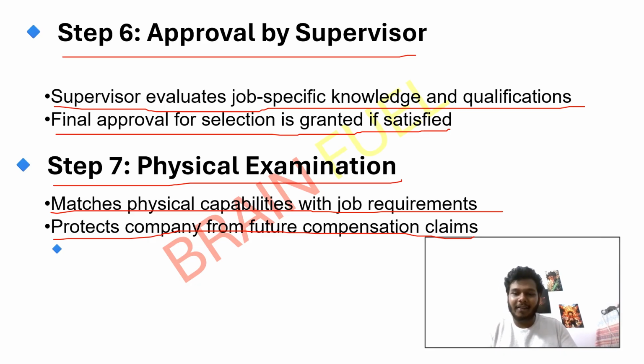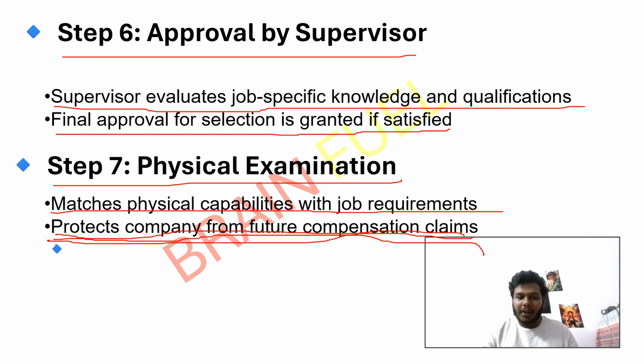In a timber factory a person will require two legs for sure, because they will be carrying heavy loads around every day, and with one leg he can never do it. So if they hire an employee like that, he can file a claim for compensation too. So in this step, they eliminate these types of cases to protect companies from future compensation claims.